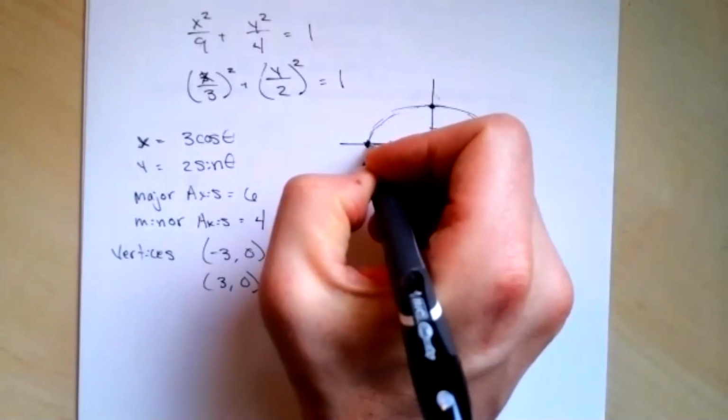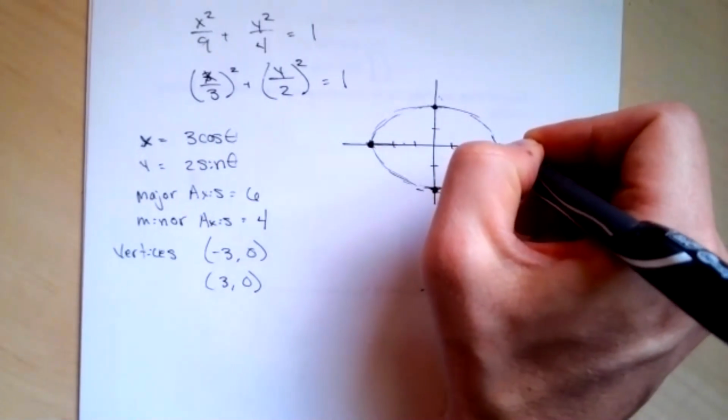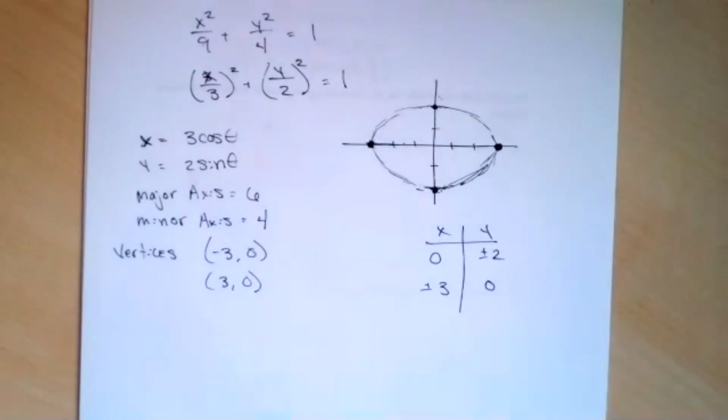So vertices are just the endpoints of the major axes.